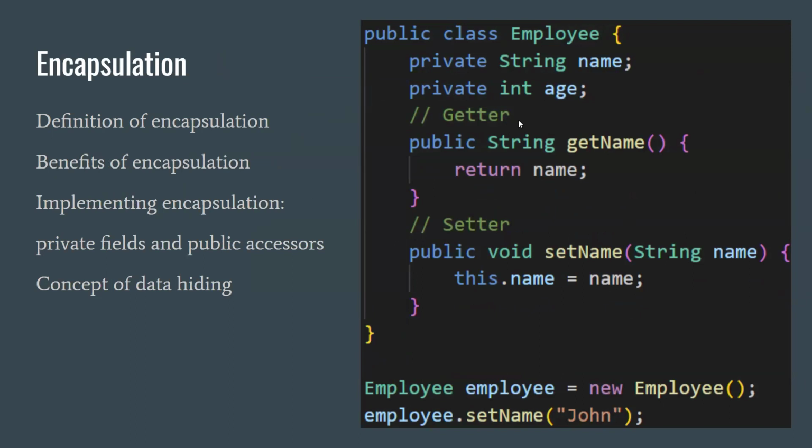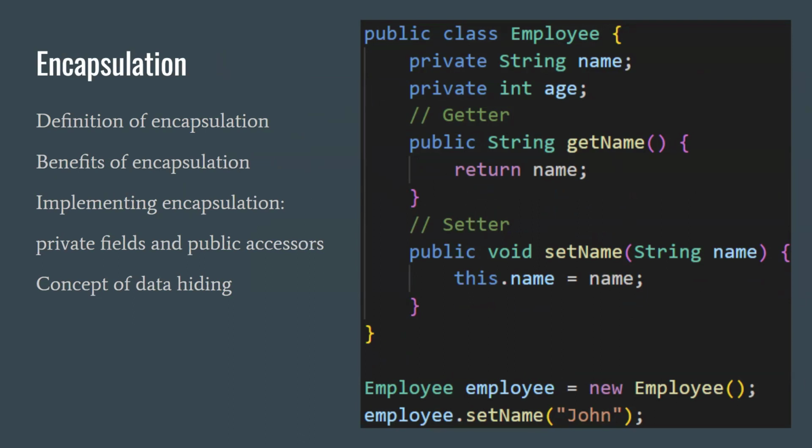Encapsulation. So encapsulation is about bundling the data and the methods that operate on the data into a single unit, or a class. It also involves restricting access to the inner workings of that class, which is known as data hiding.